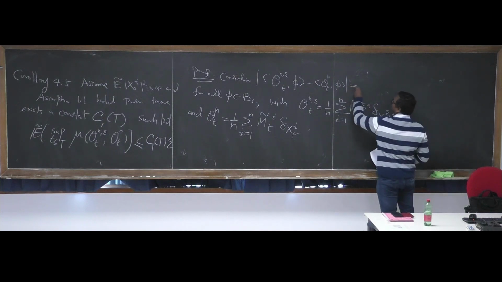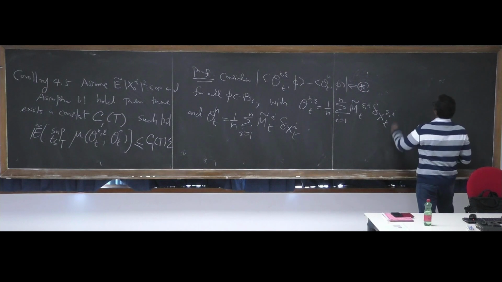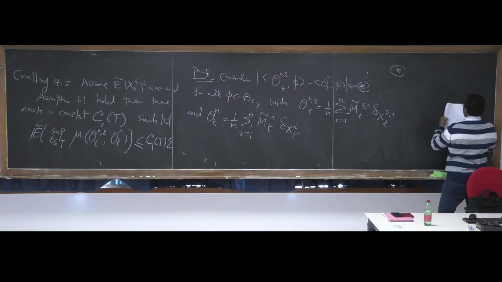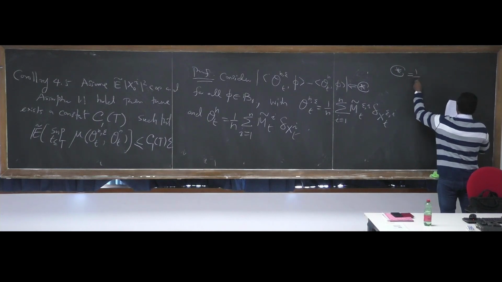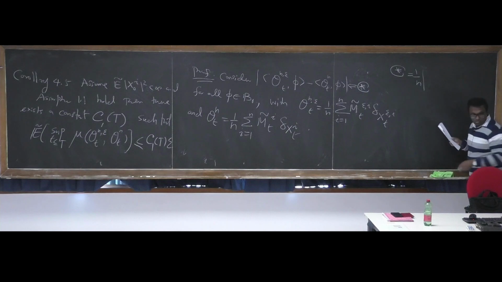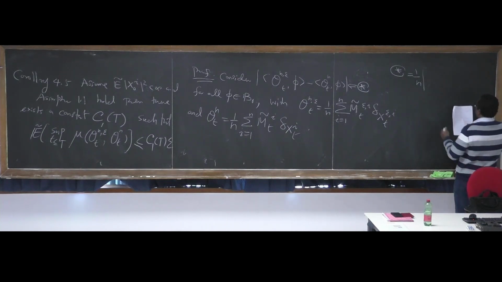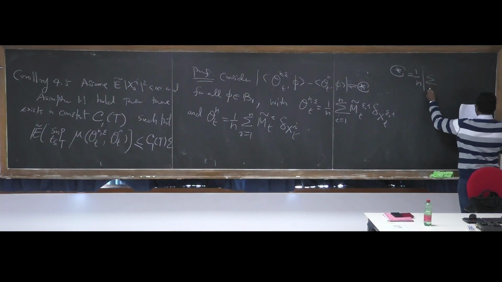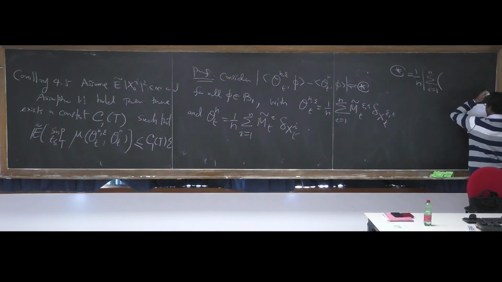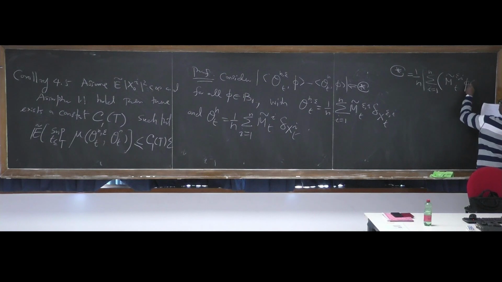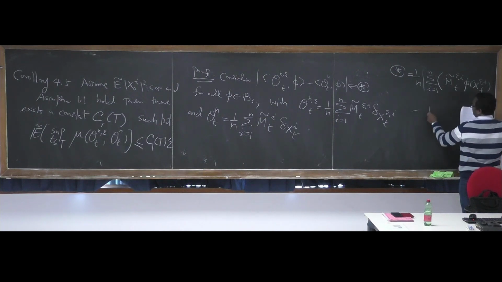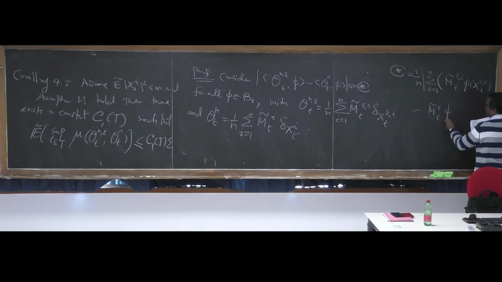So this guy, let's say this is star. The star equals 1 over n, sum of i runs from 1 to n, m tilde epsilon i t phi of x epsilon i t minus m tilde i t phi of x i t, right?